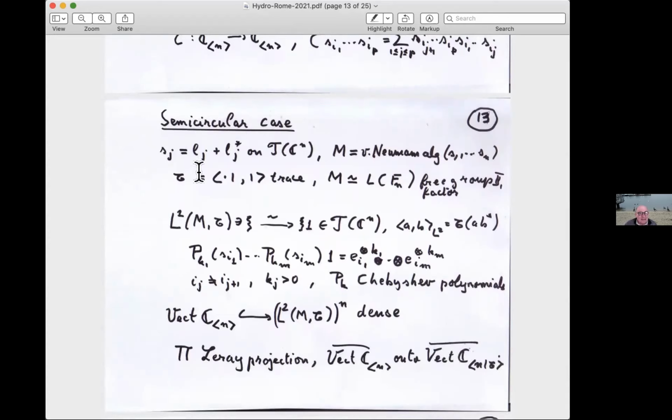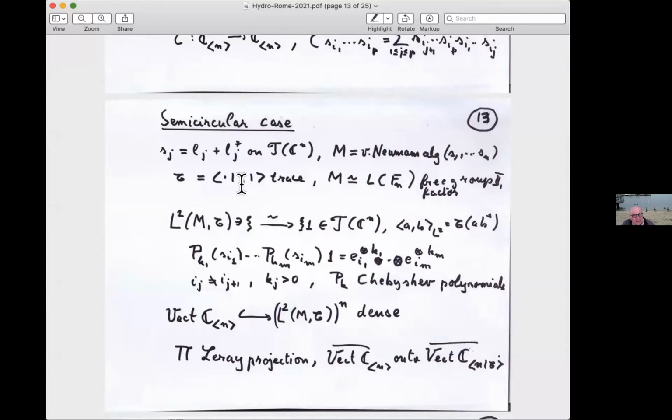So let's take Sj to be Lj plus Lj star. So Lj is a left creation operator on the full Fock space. And the trace is given by the vacuum. Then what happens is that the von Neumann algebra generated by the Sj is isomorphic to the one of a free group.